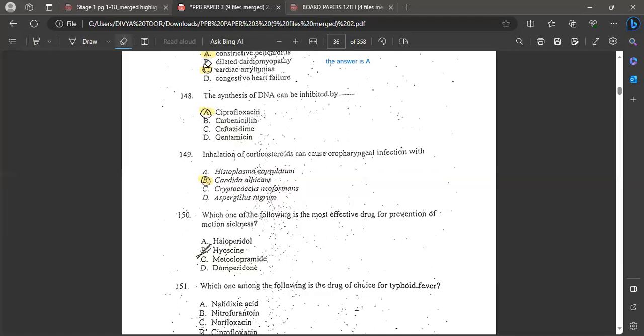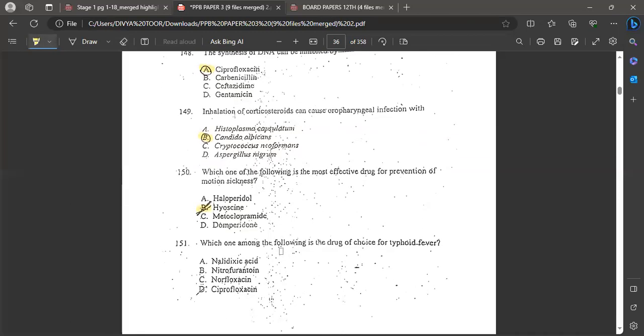And then most effective drug for motion sickness, you have hyoscine, but they need the ear patch, not Buscopan. Drug of choice for typhoid fever, yeah, it's usually ciprofloxacin.